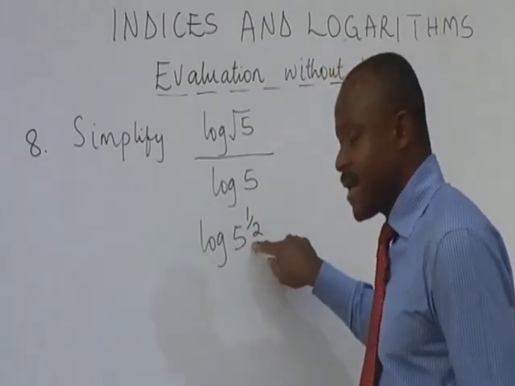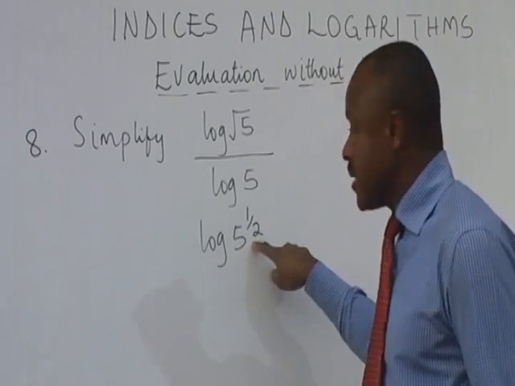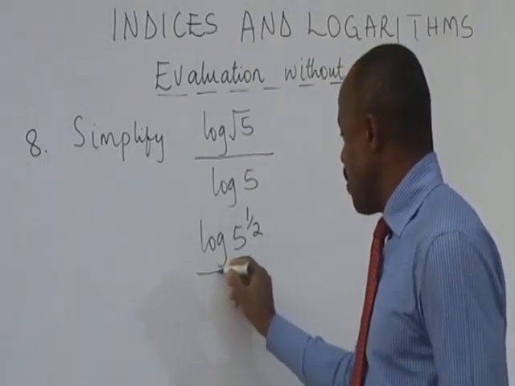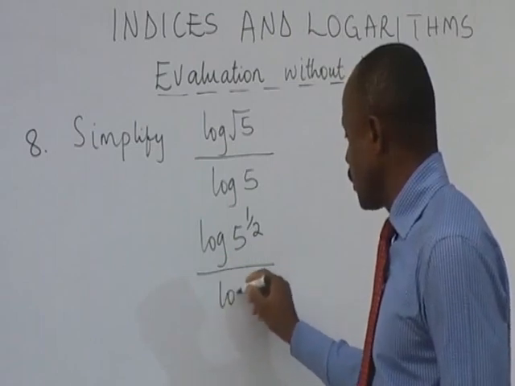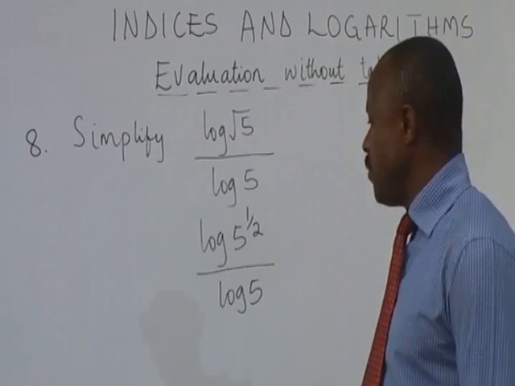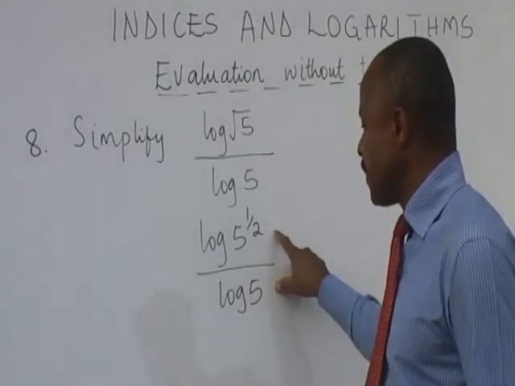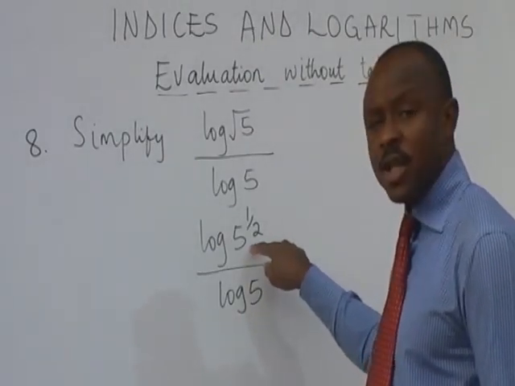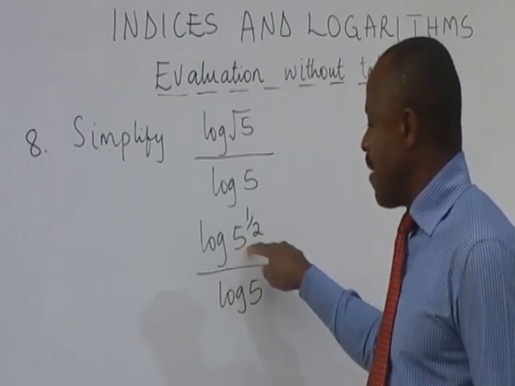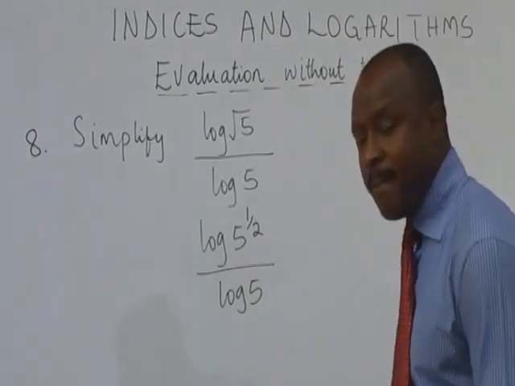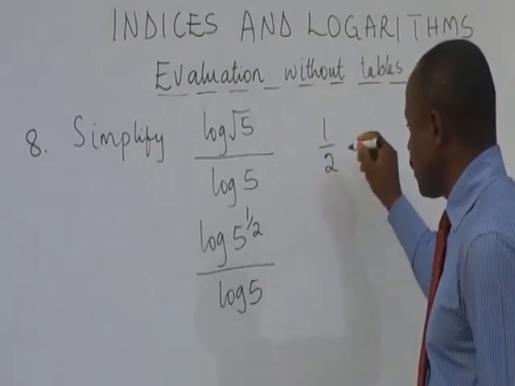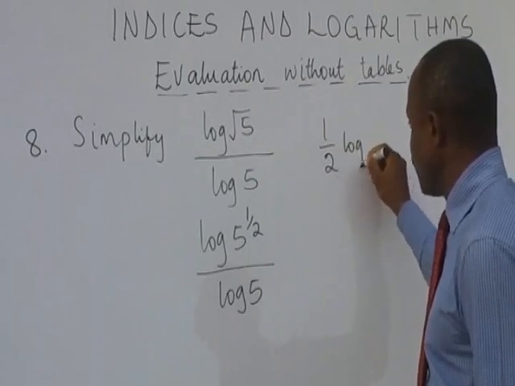This is the index way to write the square root of 5. Bring down the denominator, log 5. If you look close now, you discover that if you apply the third law of logarithms, log 5 exponent half will now become half log 5.